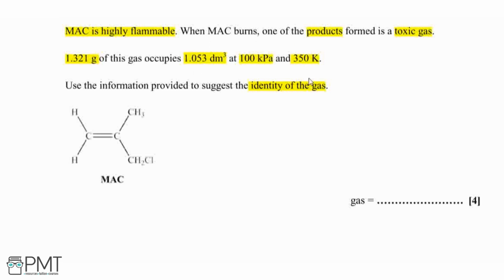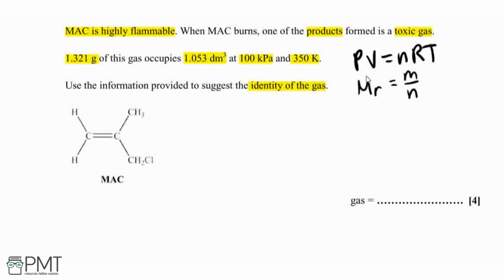So with this information, we can use the ideal gas equation, which is PV equals nRT, and we can use this equation to identify the moles, because once we've got the moles, we can then use our mass in order to identify the molecular mass, which will be equal to the mass divided by the moles.